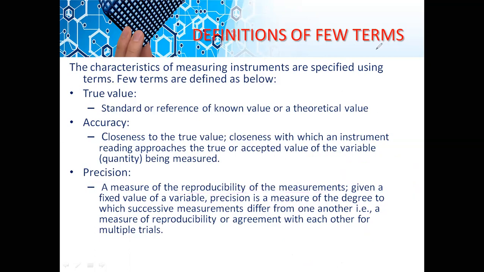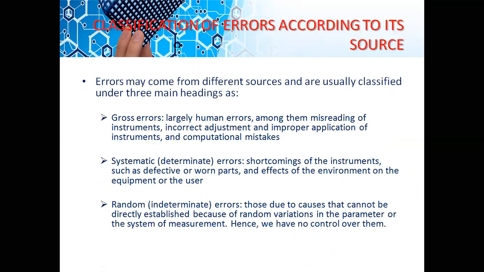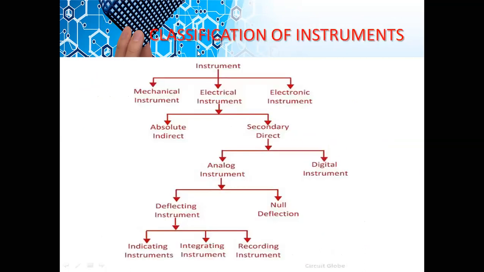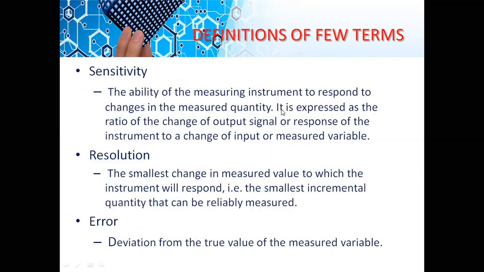Now, so far in this slide we have seen different terms: true value, which is a standard value, a known value, a theoretical value, an absolute value. Now we'll go for another term, sensitivity.